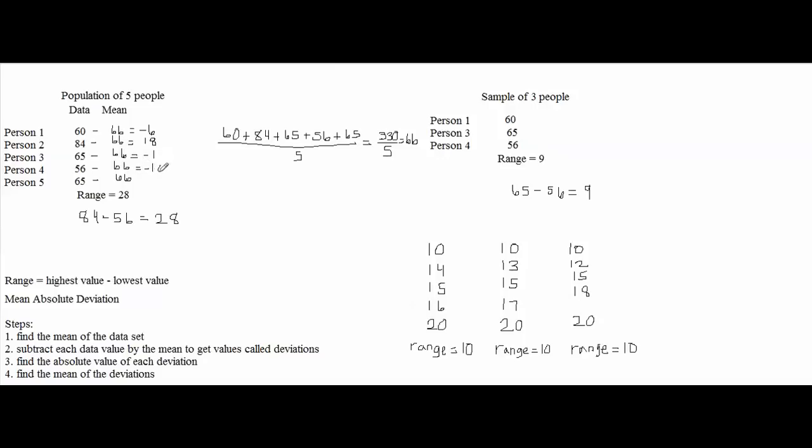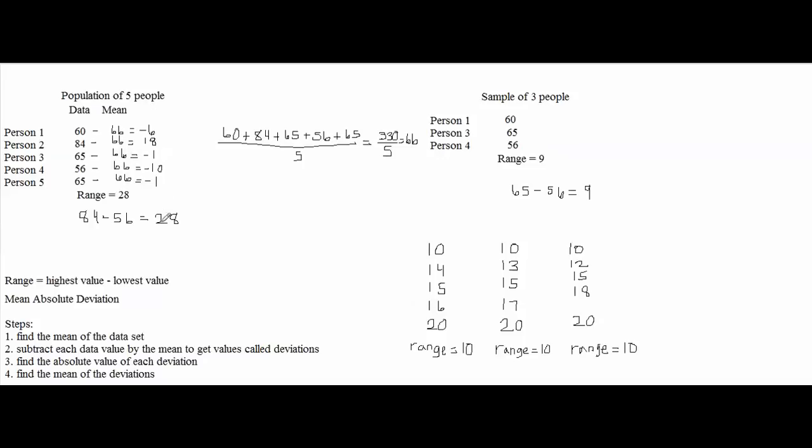And 65 minus 66 is negative 1. Let me double check these. This is correct. This one's correct. Looks like they're all correct.